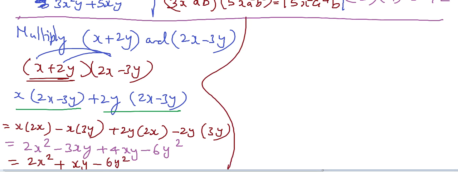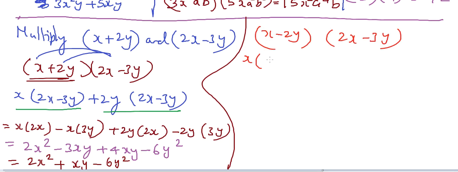Okay, if it is minus here, same one, let's say instead of x plus 2y, let's have x minus 2y. So x minus 2y into 2x minus 3y. Now same way, x into the entire thing 2x minus 3y, and minus 2y into the whole polynomial 2x minus 3y.